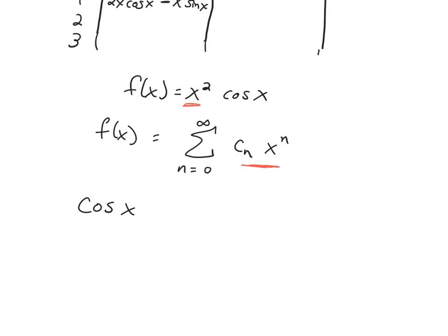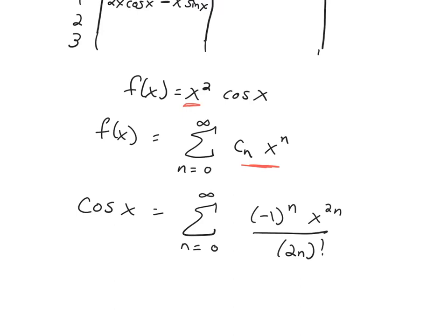So maybe I'll write. This is equal to the sum from n equals 0 to infinity, negative 1 to the n, x to the 2n over 2n factorial. This is the Maclaurin series for cosine of x. And so for my function, it's x squared times cosine x.